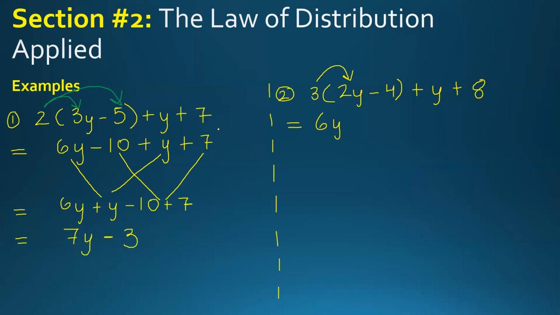And then we have 3 times 4. This is gonna be 12. Very good. Next up, we have 6y minus 12, we bring down the y, plus 8. Okay. What's the next step that we do? Collect like terms.